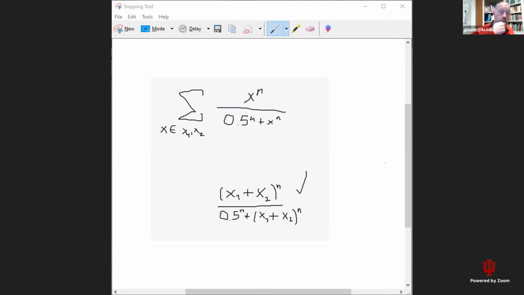So they differ in something very important, which is if x1 is 1 and x2 is 1, what is the value outputted from the two? They're both OR type gates, but they differ in a fundamental way. That appears to be 1 over 0.5 to the n plus 1.